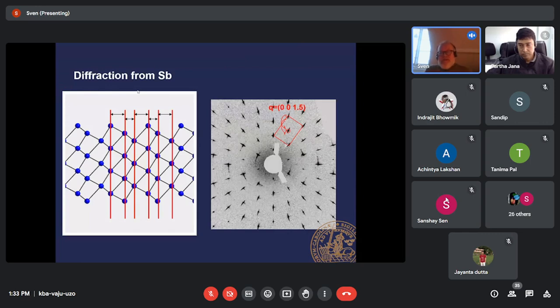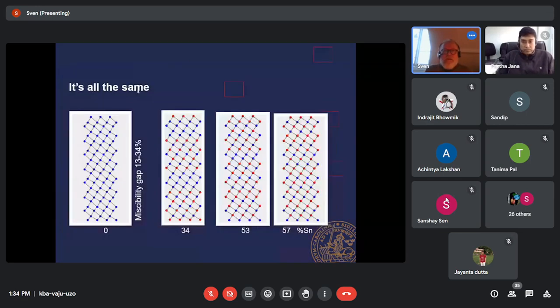And for antimony, the reason for this structure is the fact that we have alternating long and short distances along the z-axis of the rhombohedral cell. For cystite, it's actually the same. We have blocks of antimony interleaved with rock salt type structures of antimony tin.